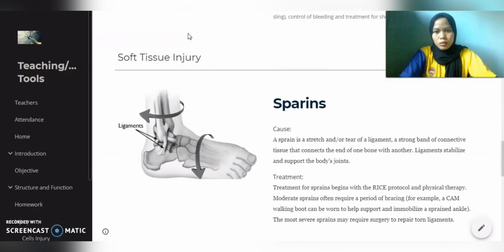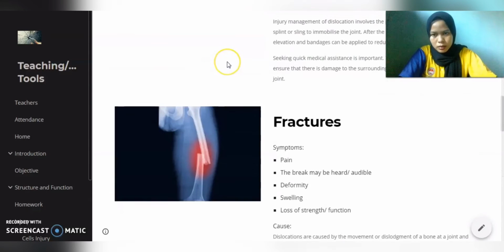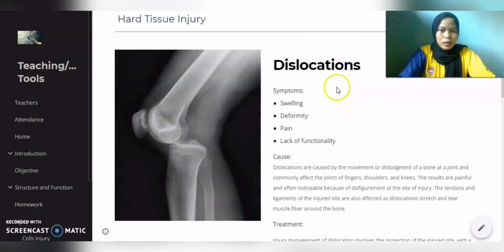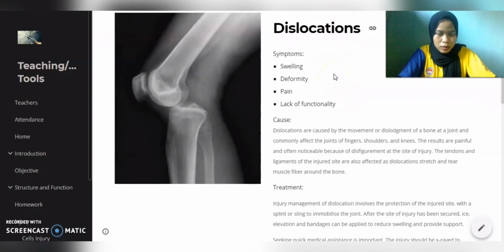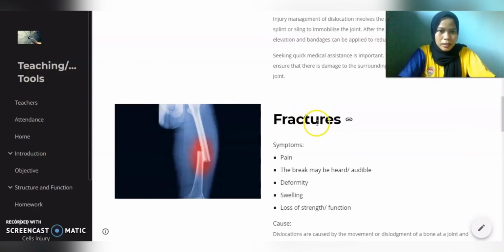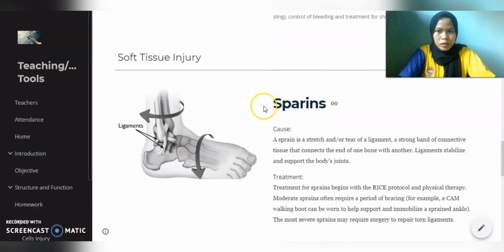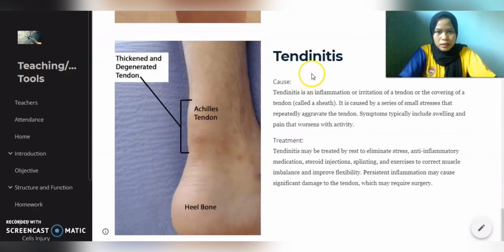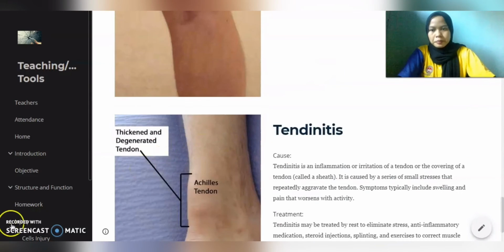The second one is soft tissue injury. For the hard one, the first is dislocations, the second, fractures. For soft, first sprains, strains, and tendinitis.